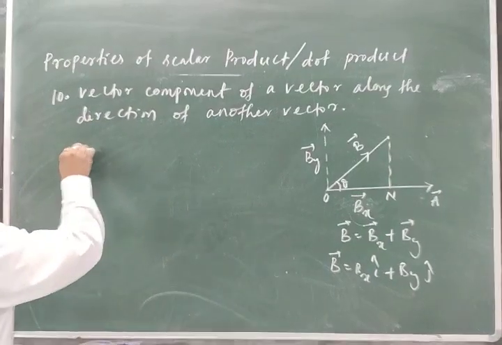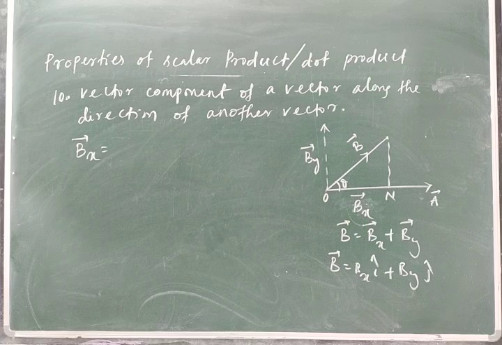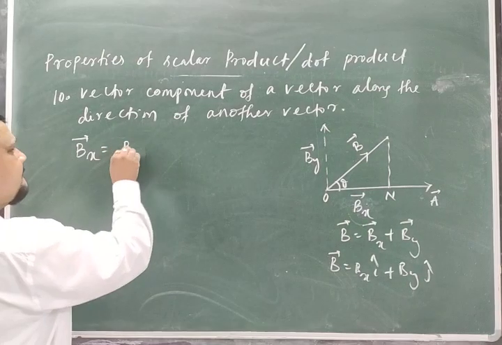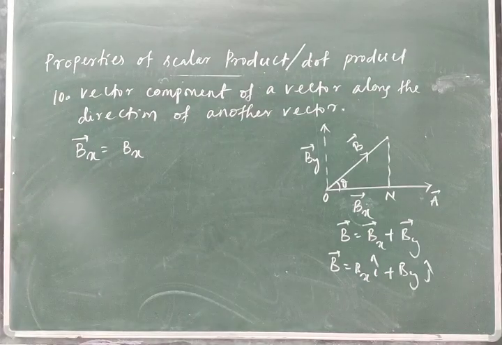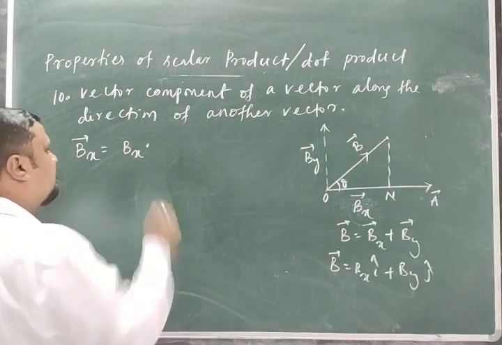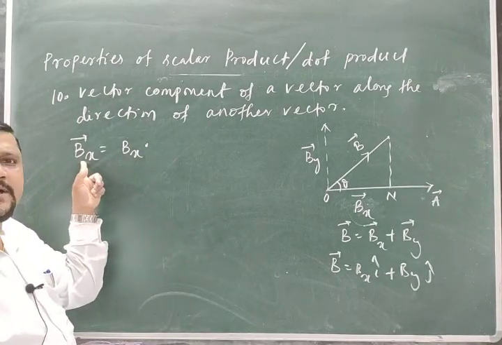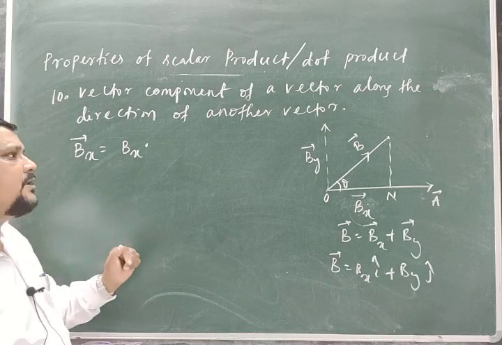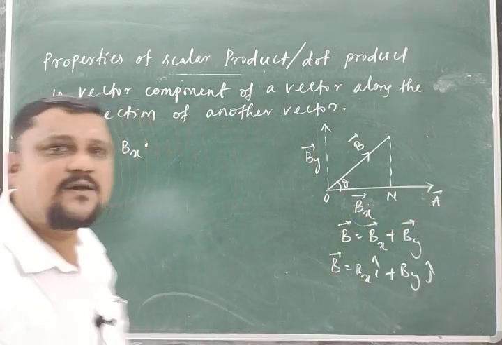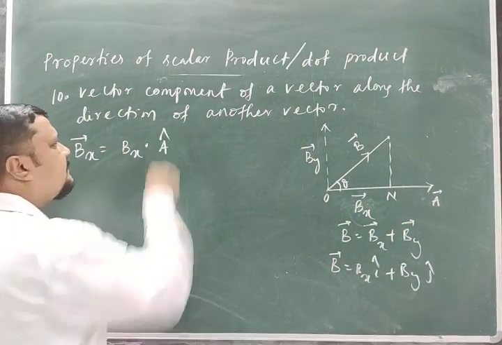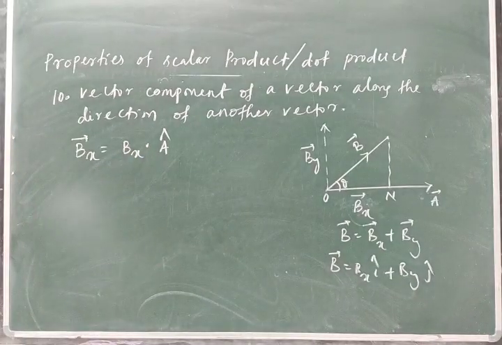So Bx vector is equal to, obviously, the magnitude of Bx, and since it is a vector, I have to multiply by a unit vector along the direction of A. Which unit vector is along the direction of A? A cap.